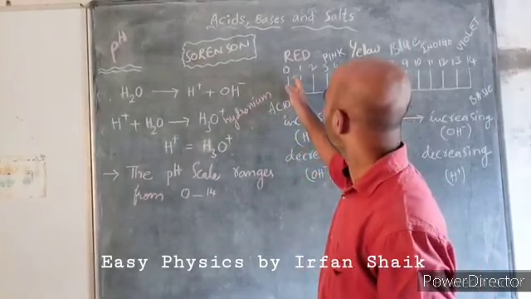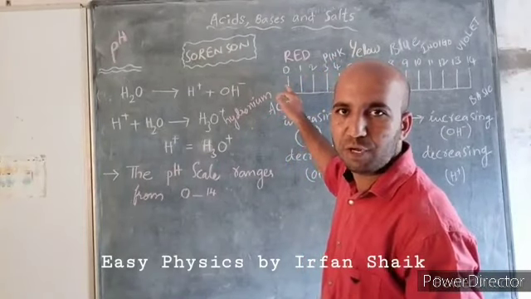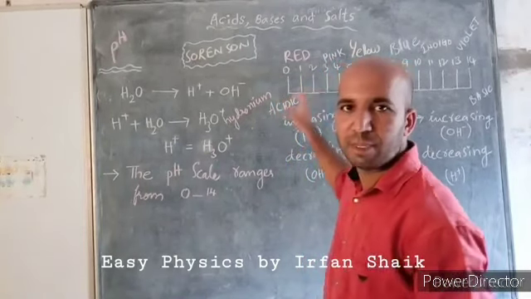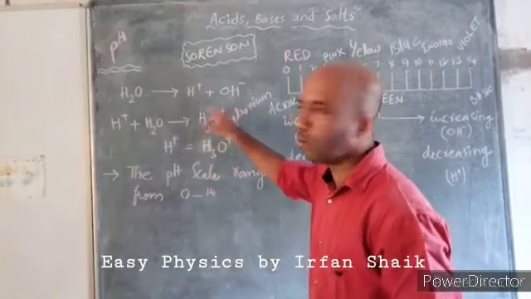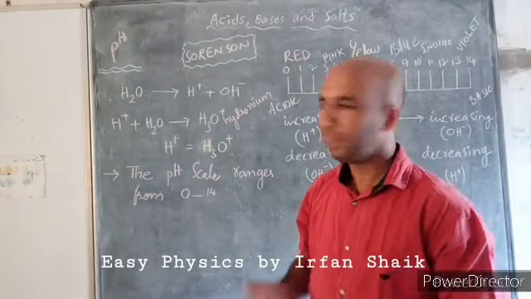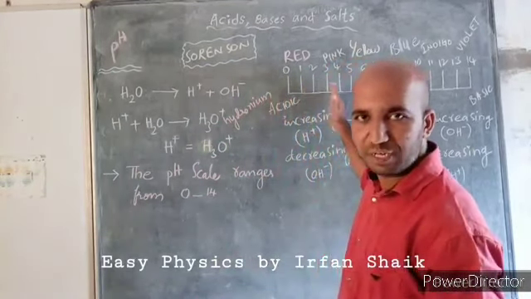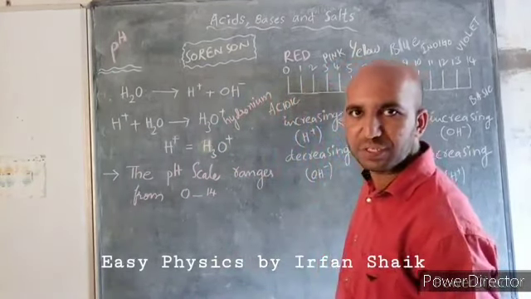The solutions having pH value 0 to 3 have more hydrogen ion or hydronium ion concentration. As the pH value increases, the hydrogen ion concentration decreases. As we reach a pH value of 6 or 7, the hydrogen ion concentration almost decreases.